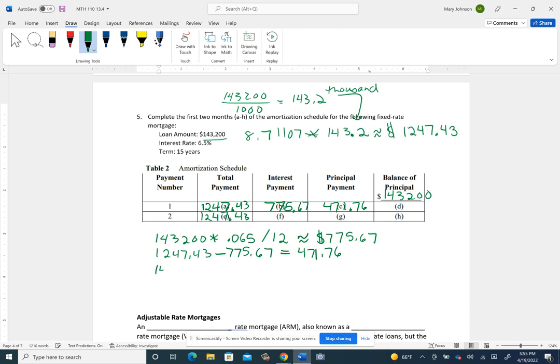So you take your principal and you subtract that 471, because you're starting to pay off your principal, right? So a little bit goes to cover the amount of your loan. Okay. And so after we do that, we get about $142,728.